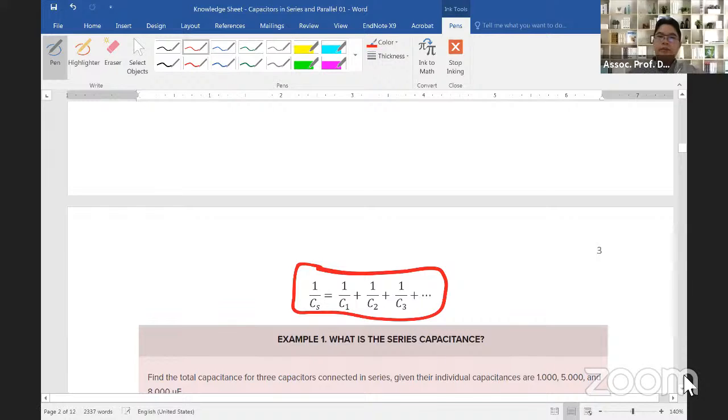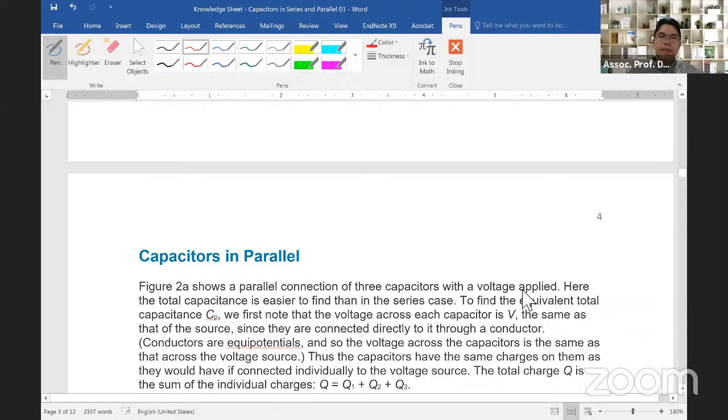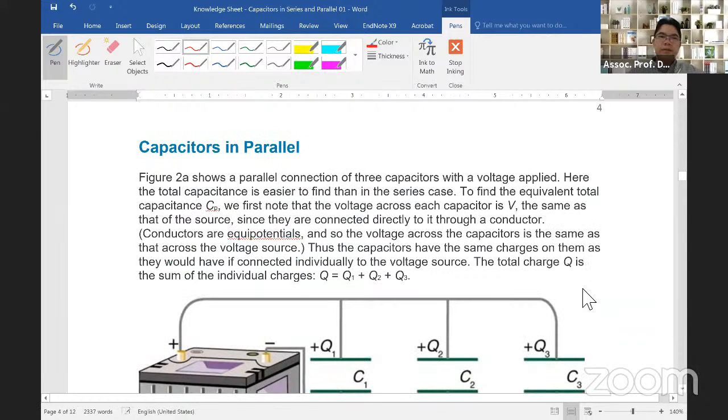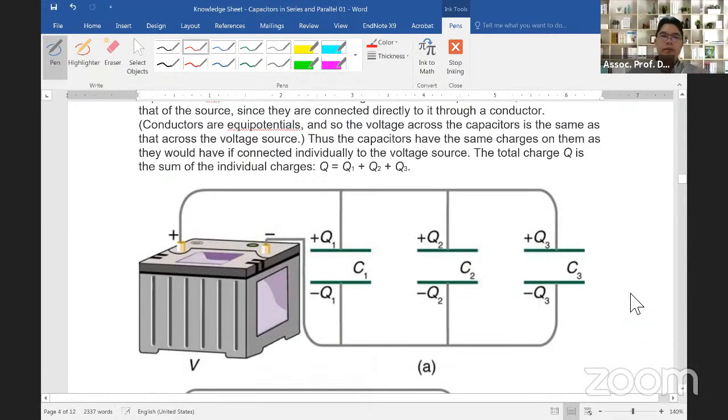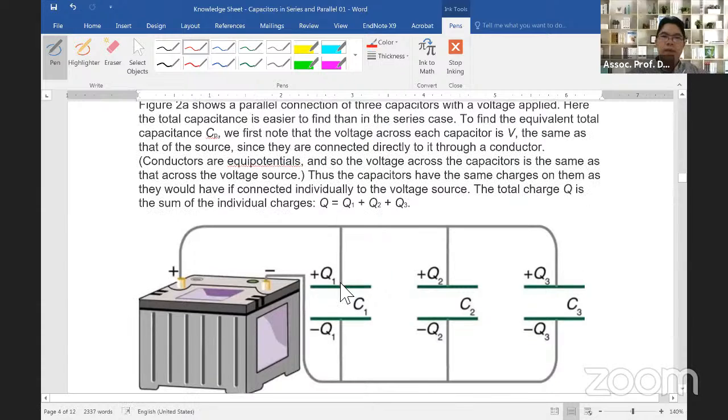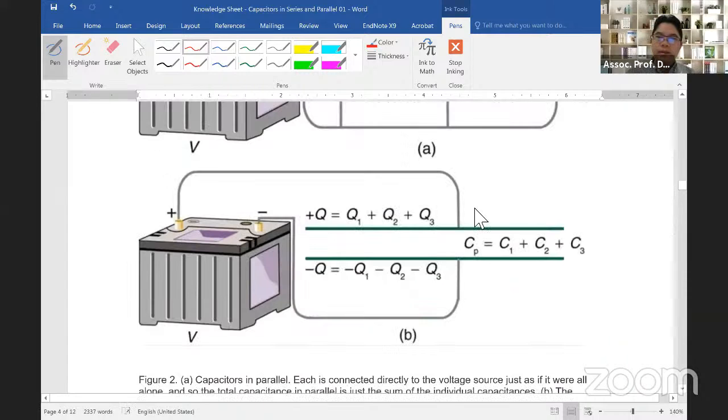And how about for parallel? When you connect the capacitors in parallel, C1, C2, and CT, imagine that you increase the area of the capacitors.